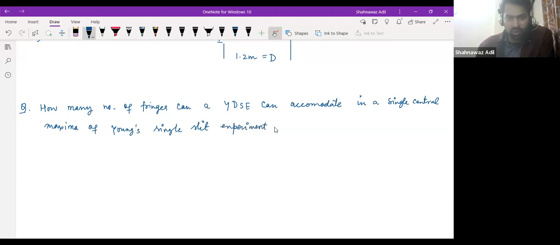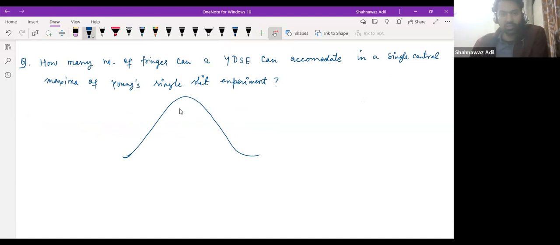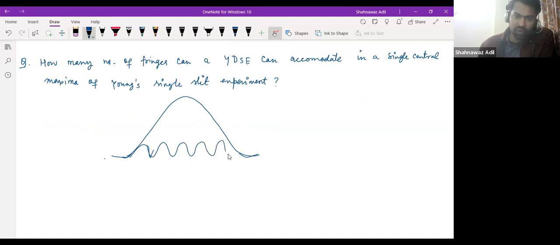Right. So what is the question? You have a central maxima of Young's single slit experiment, and in this single slit experiment, how many number of fringes of the double slit experiment fit?